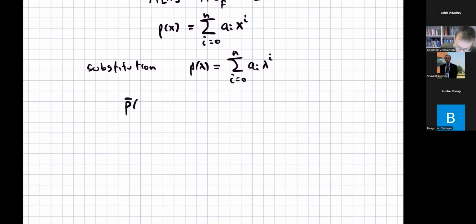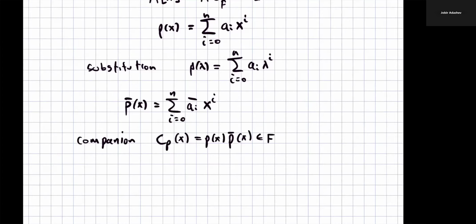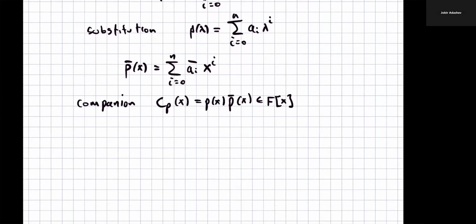So we can define P bar of x, where we just conjugate the coefficients, and then we can define the companion polynomial, C_P of x, to be P(x) P bar(x), and it turns out that this is a polynomial with coefficients in the base field.